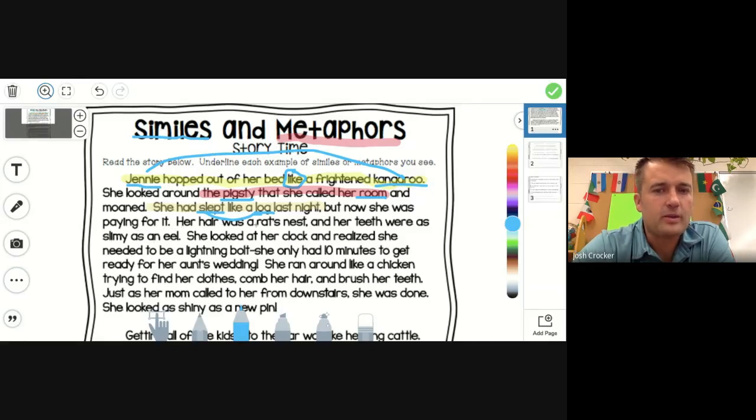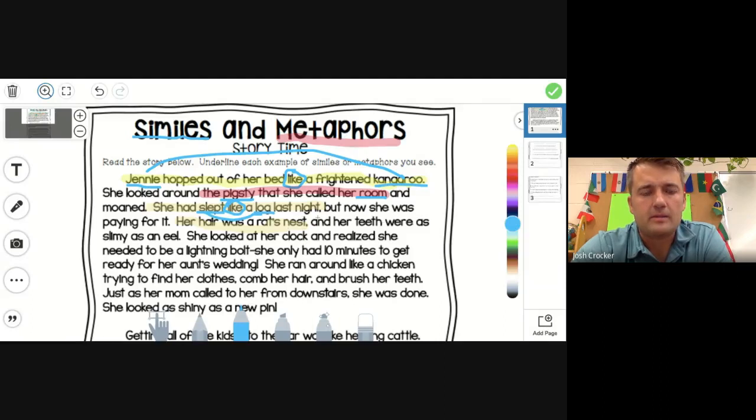"Her hair was a rat's nest, and her teeth were as slimy as an eel." Okay, so in that sentence, we have two comparisons. Oh, I forgot to say with that last one, sorry, I forgot to say that we use the word like. And so that makes it a simile. Okay. So, her hair was a rat's nest.